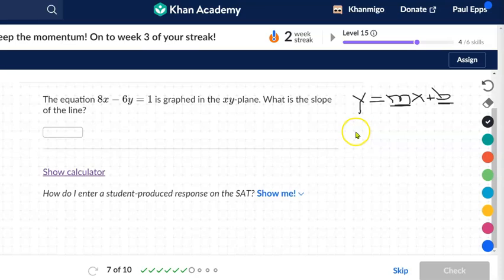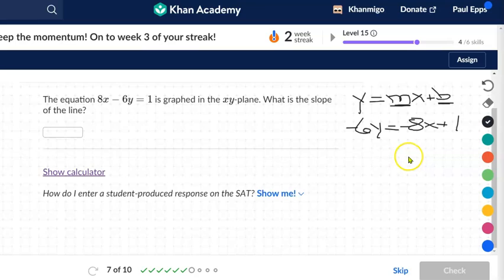So let's start by subtracting 8x from both sides. We'll get negative 6y equals negative 8x plus 1.